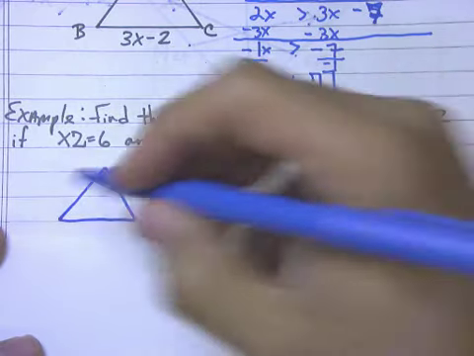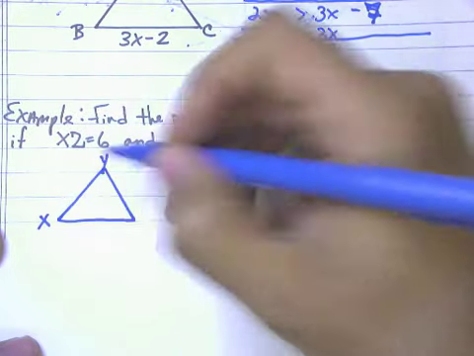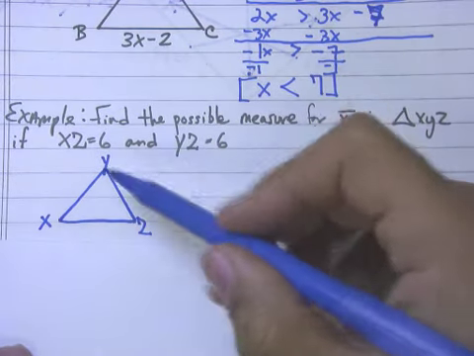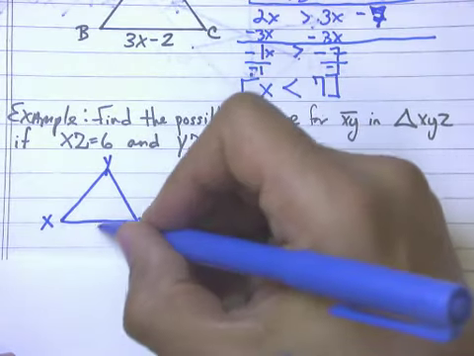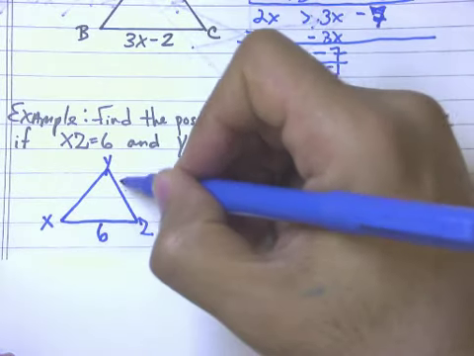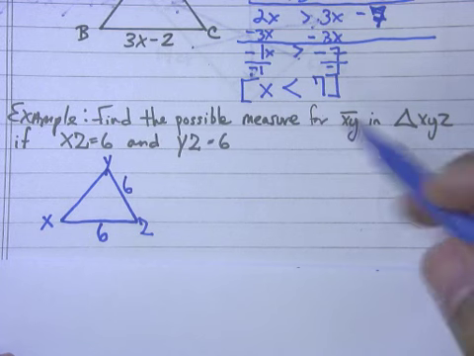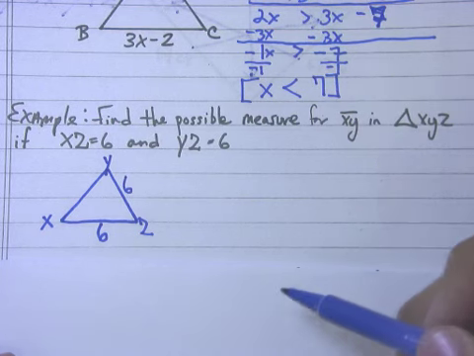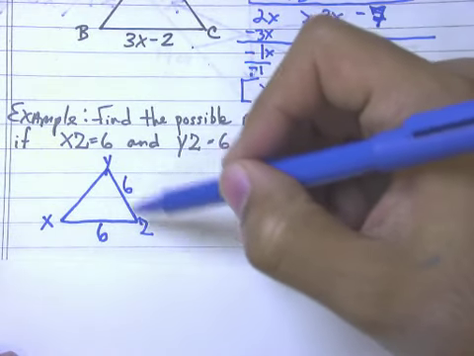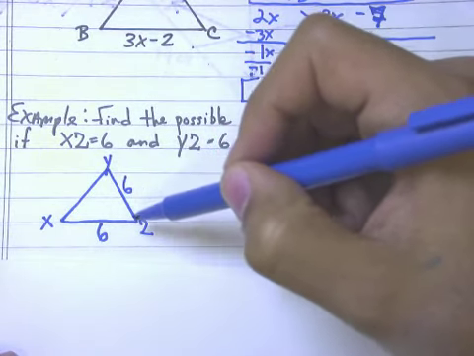So I'm going to draw my own triangle. And I know that I have the letters x, y, z, so I'm going to label them x, y, z. Doesn't have to be in any particular order. I know that xz is 6, so this is going to be 6. I know that yz is also 6. This is also 6.